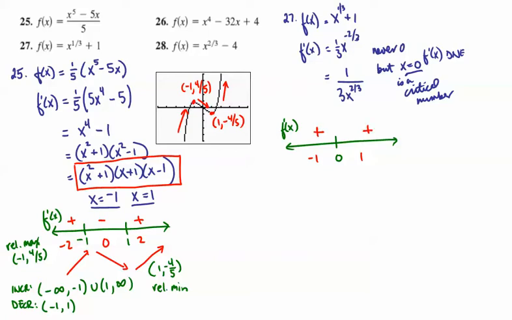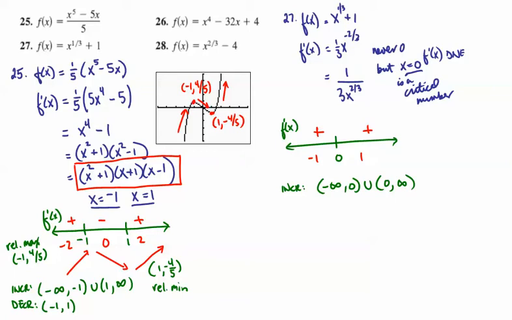So this is an example of a function that is increasing from -infinity to 0, and then again from 0 to infinity.